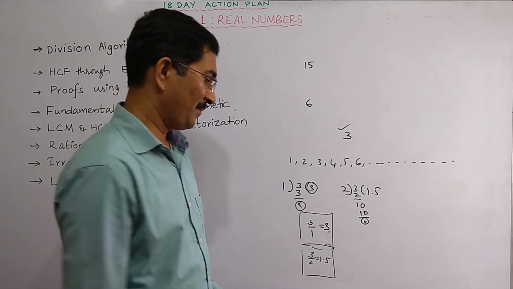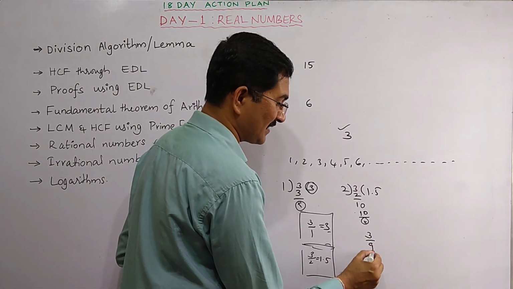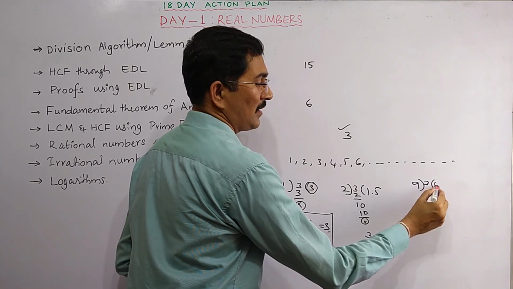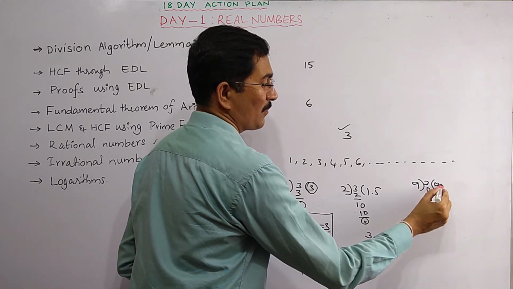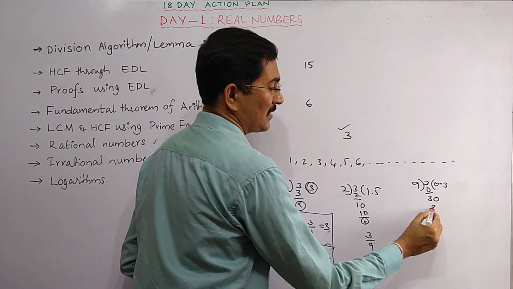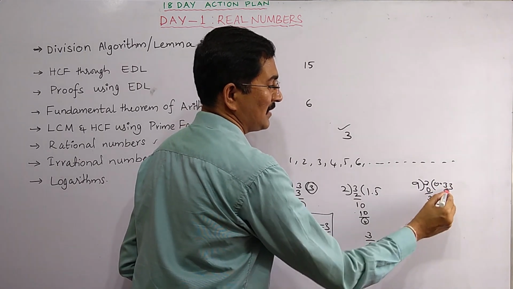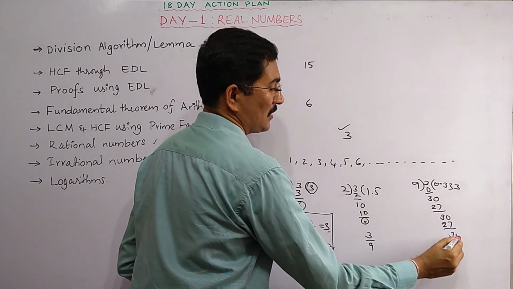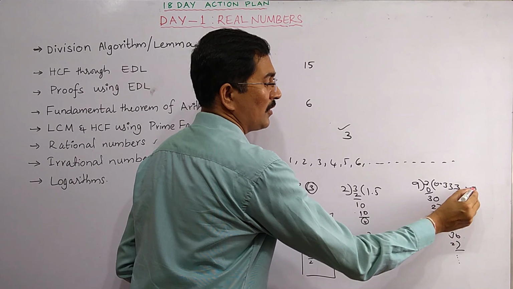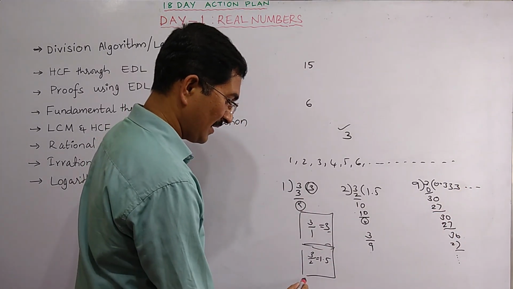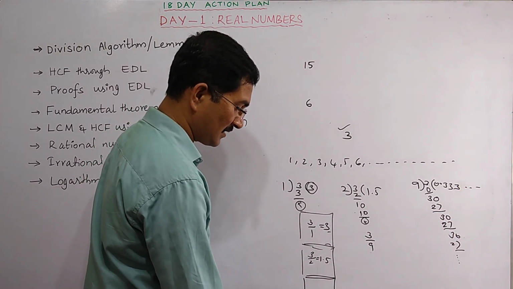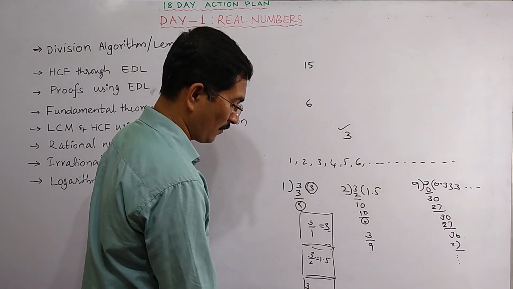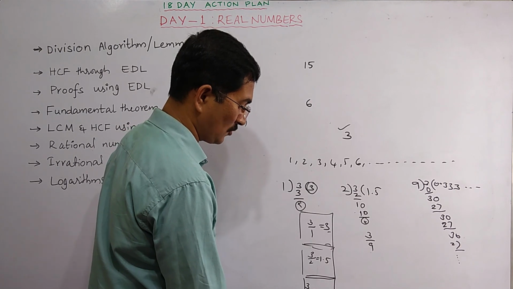But the same, if you divide by 9, let us see what happens. 9 zeros 0, 3 remains, 0.0. 9 3s are 27, 3 remains. 9 3s are 27, 3 remains. 9 3s are 27. So on, if you go on doing, you will end up getting a decimal that does not terminate. So 3 by 9 is equal to 0.3333 and so on.